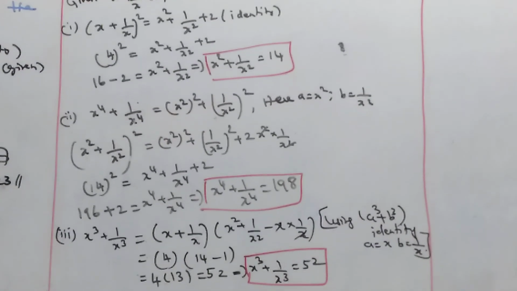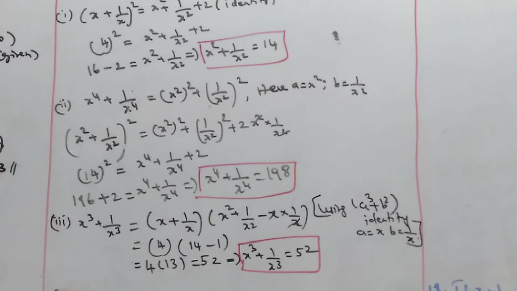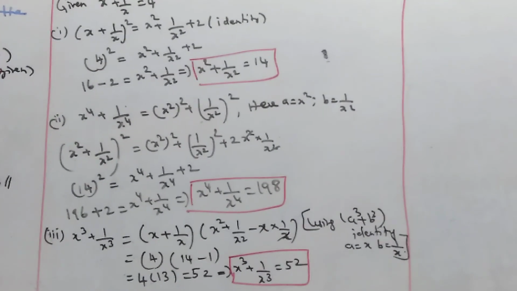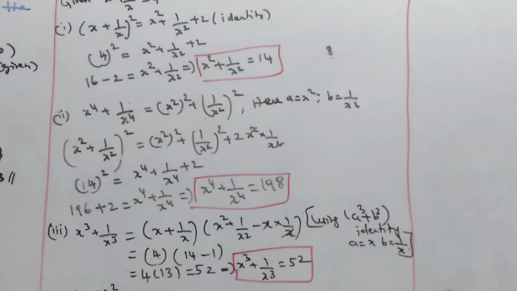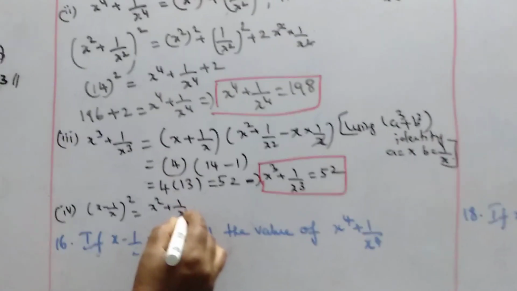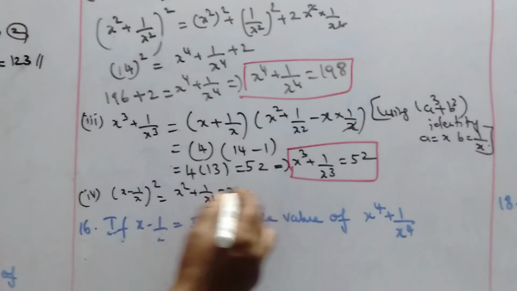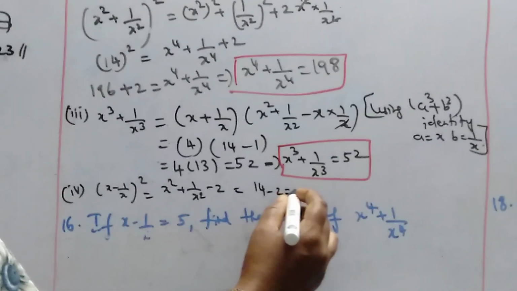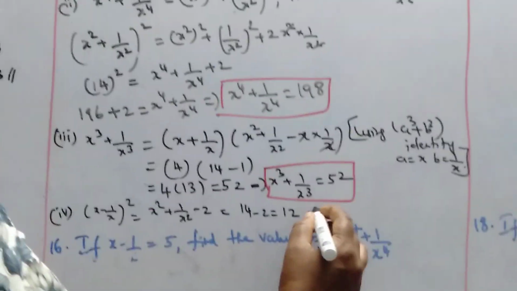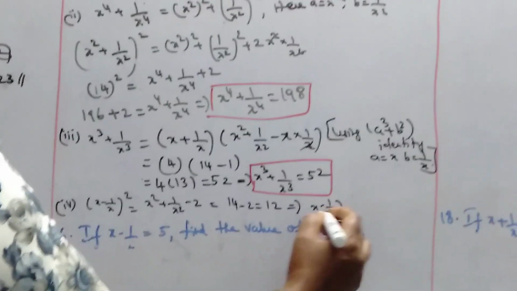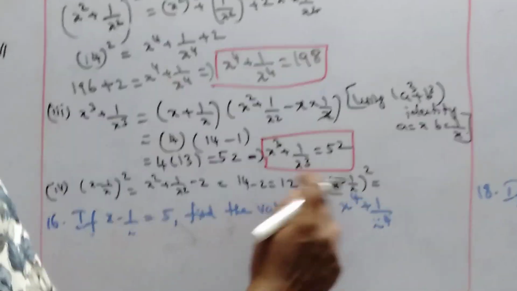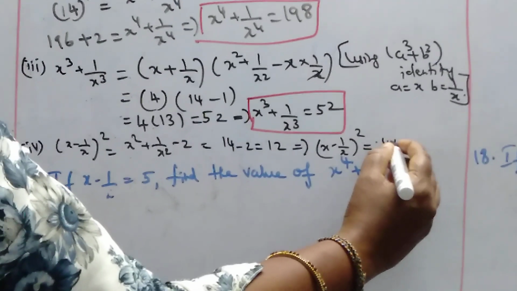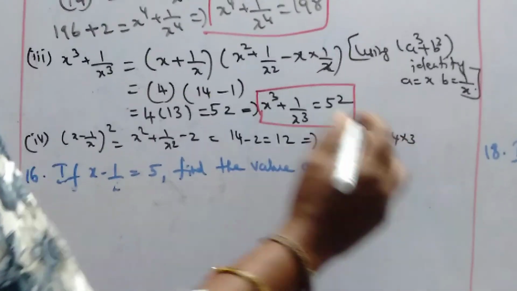The next, fourth subdivision, the same thing what we are going to do here is x minus 1 by x the whole square, which is x square plus 1 by x square minus 2. So which is equal to, using the first one, 14 minus 2 equal to 12. So which implies x minus 1 by x the whole square equals 12. This 12 can be written as 4 3s are 12, right?